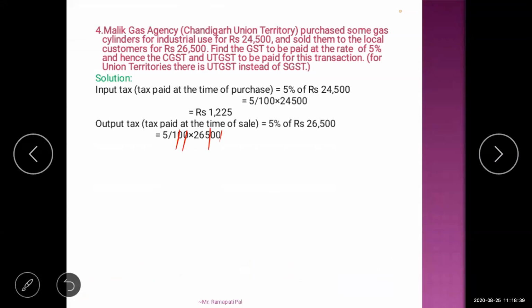What remains? 5 into 265. Multiply 5 into 265 first. You will get 1,325. Very good. You will get 1,325. So everyone had multiplied properly.